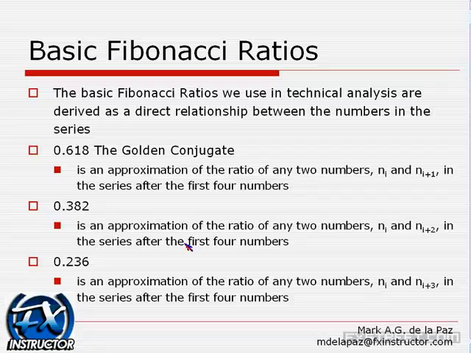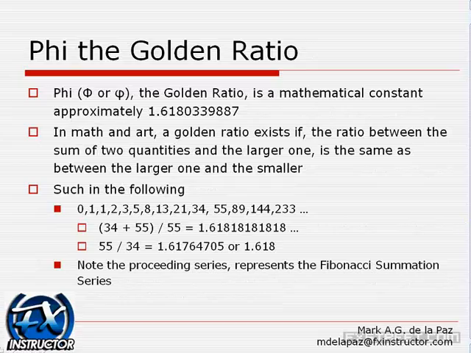So the first of this, the most important, is 0.618, your golden conjugate. Again, it's just the ratio between the number and that which exceeds it. Then you have 0.382 or 38.2 fib. That one is basically a result of the ratio between two numbers in the series where you skip one of the numbers. So let's get back to the series here.